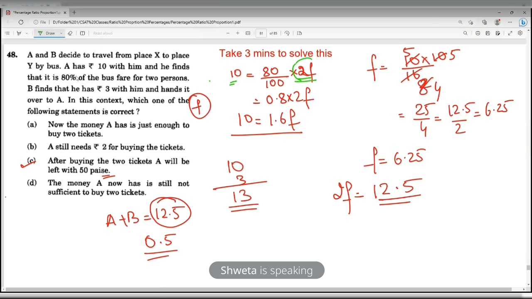The fare of two people is 2F, and that 80% is 0.8 into 2F. For example, in this case, the total fare was 12.5, and that 10 rupees was 80% of this.